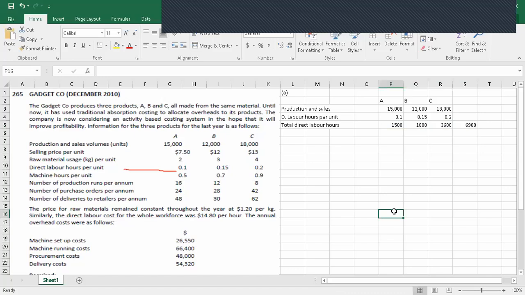The total number of direct labor hours altogether are 6,900.